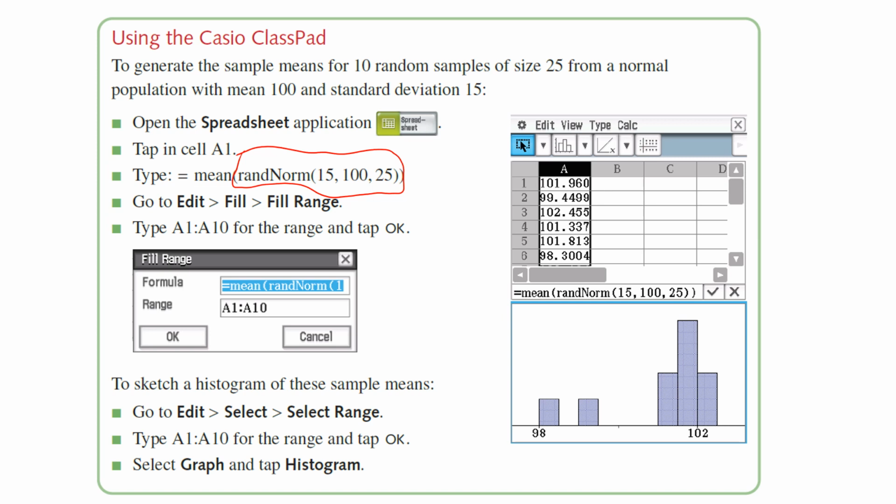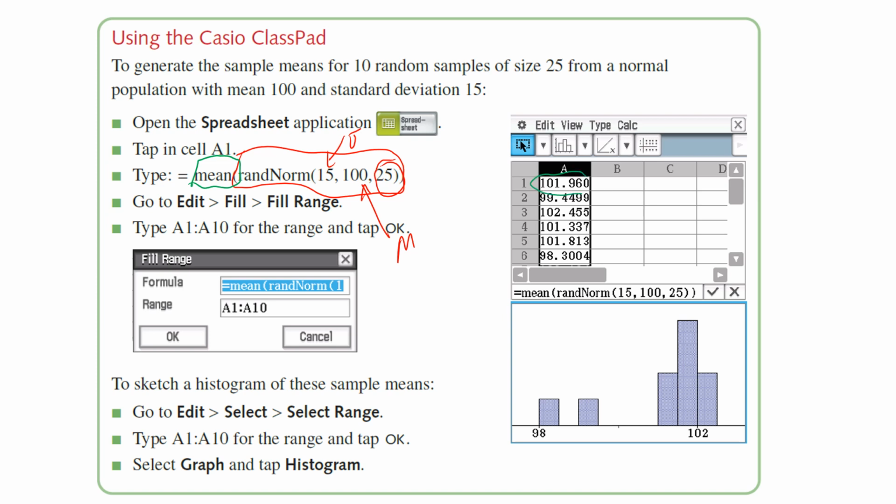What this is doing is generating 25 randomly selected values out of a normal distribution with center 100 and standard deviation 15. So it's randomly selecting 25 values with those particular parameters, and then we're going to ask it to take the mean of it. And that's going to be the first one.